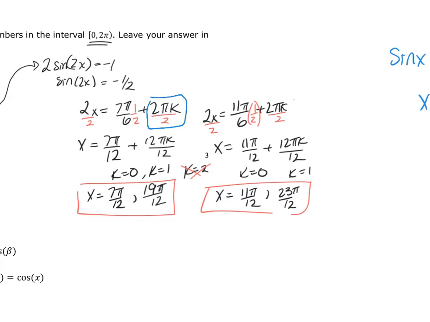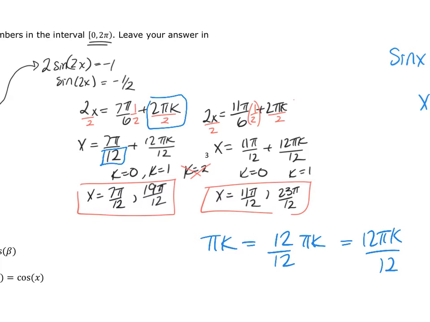What I know is that pi k can be rewritten as 12 over 12 times pi k, or in other words, 12 pi k over 12. I did that because right here there is a denominator of 12. If that had been a denominator of 17, then I would have had multiples of 17 pi k over 17. So all I'm doing is making my fraction addition a little bit easier than it would have been if I had just left it as pi k.